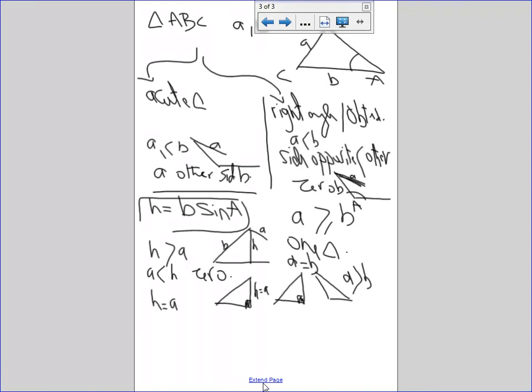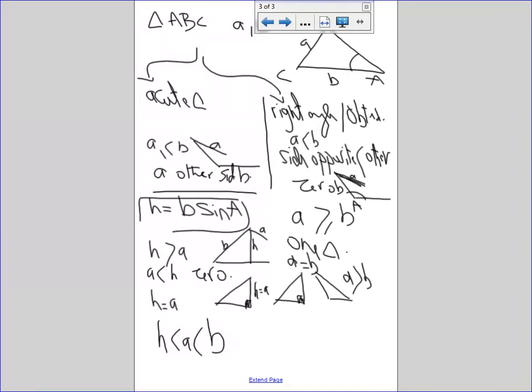But if the height is smaller than a and smaller than b, it means a is between the height and b, so we can draw two triangles.